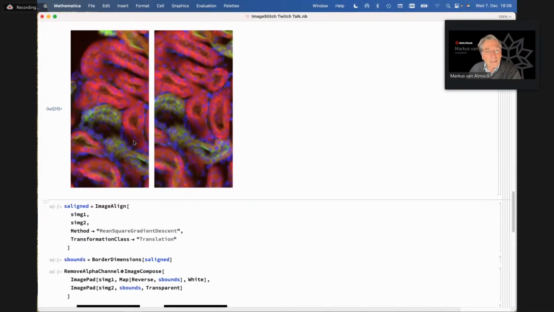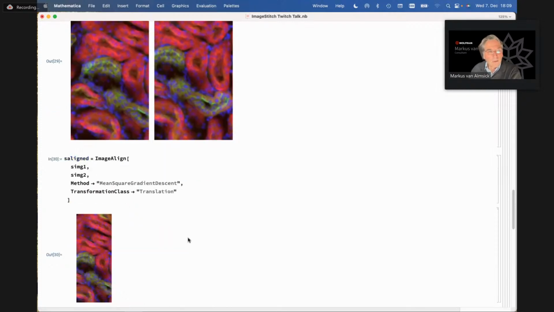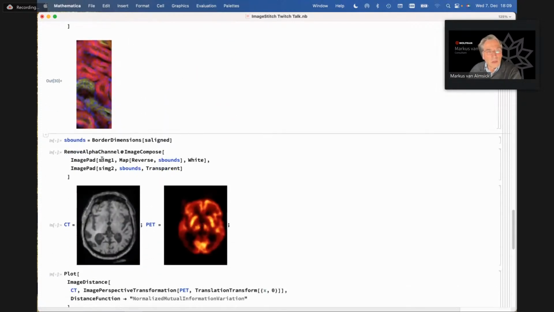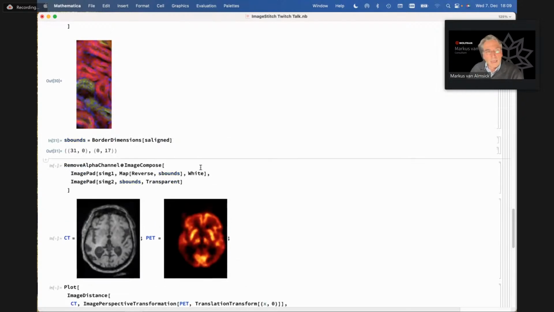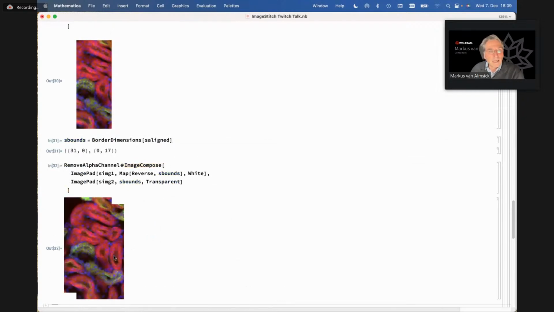And that distance you then try to minimize by moving one of the 2 images around, via the mean square gradient descent method. And I can do this here and move image 2 onto image 1. Look at the boundaries, and then I can superimpose the 2 and get the result.